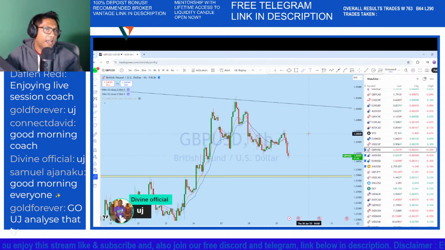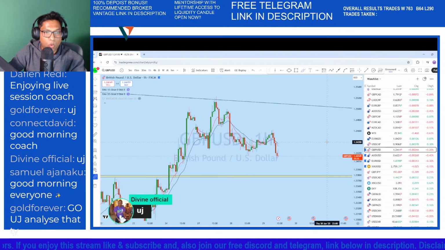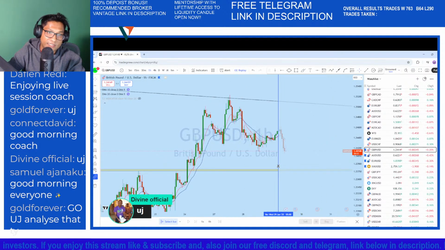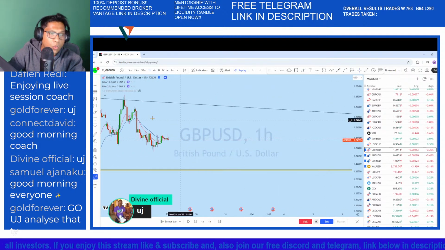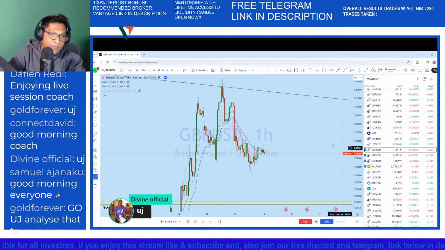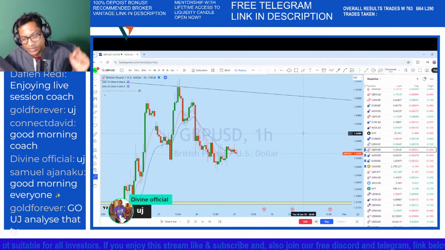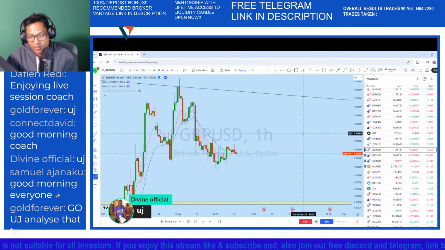So looking at British pound US dollar, you can see this is the 1-hour price action. Let's replay the chart, guys. This is real trading. Why? Because retail traders' education is rare. You'll not find proper education in trading for the retail trader. Why? Because it's not available.